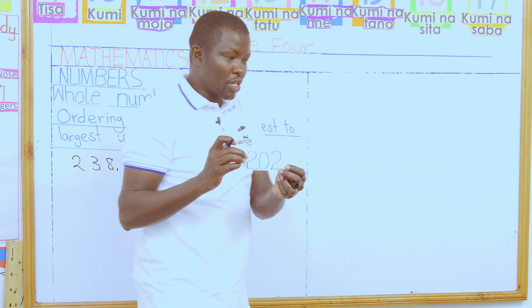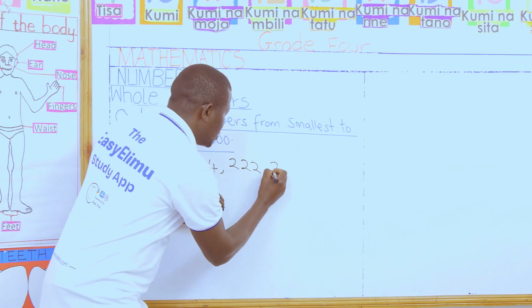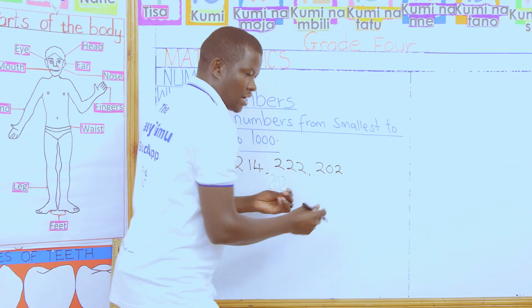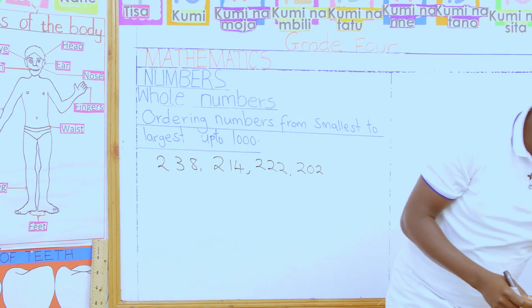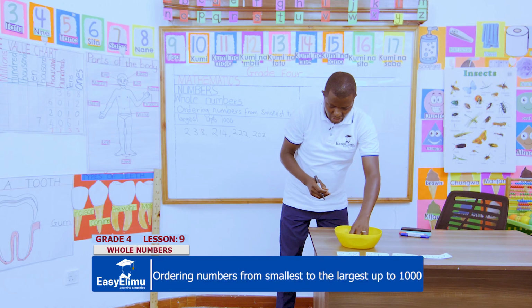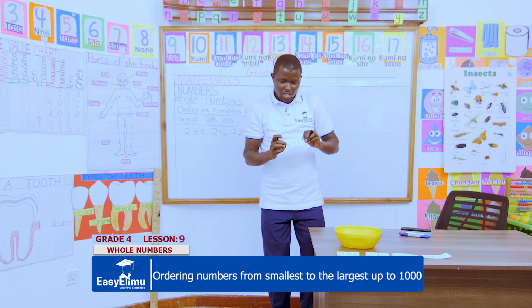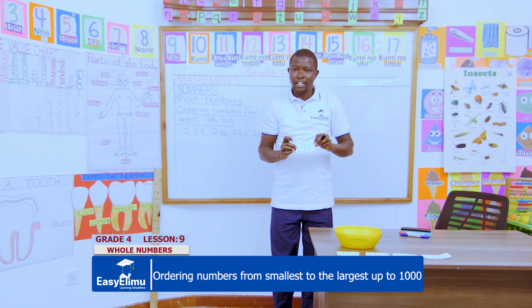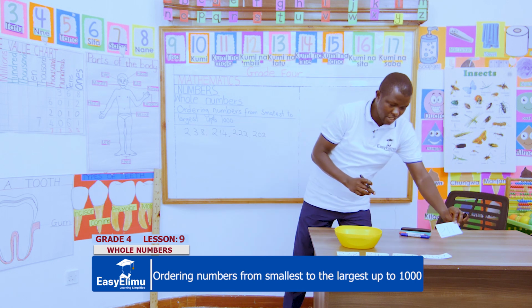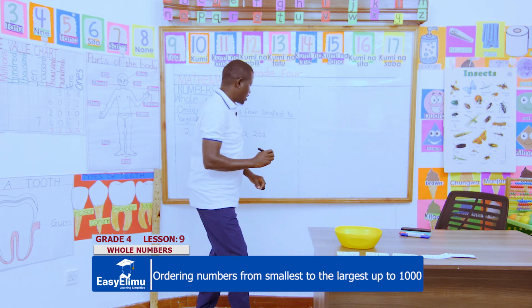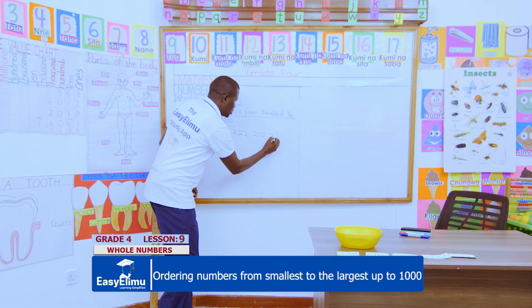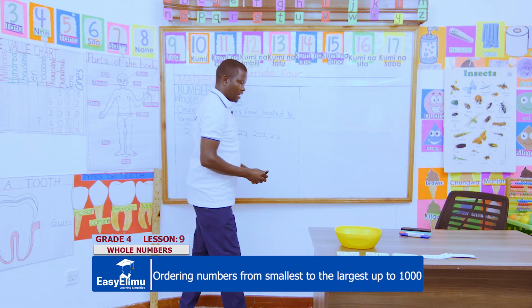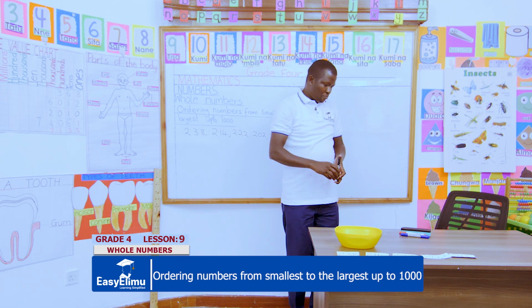Everybody, you can see it yourself. Another number, you just arrange them the way you picked them. The other number is 211. Leave the rest. We only needed 5. Those are the numbers that we have picked.